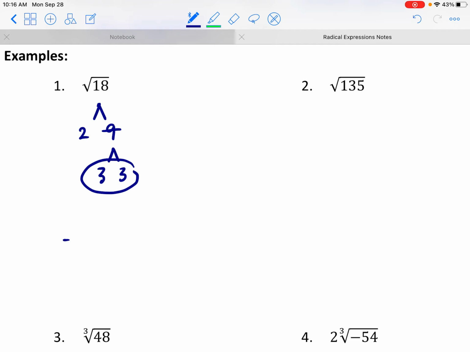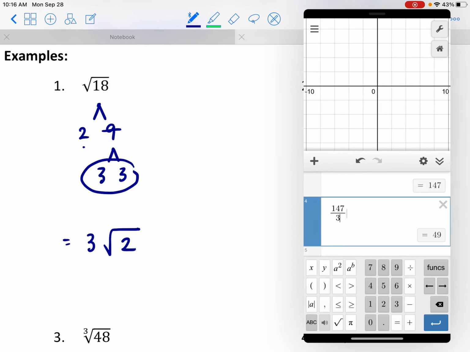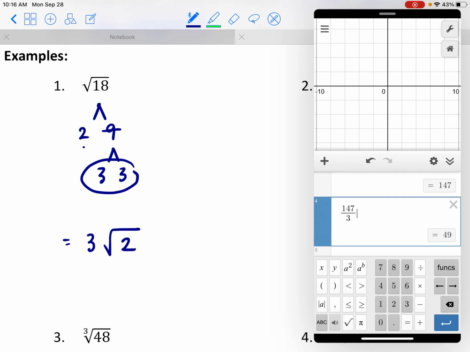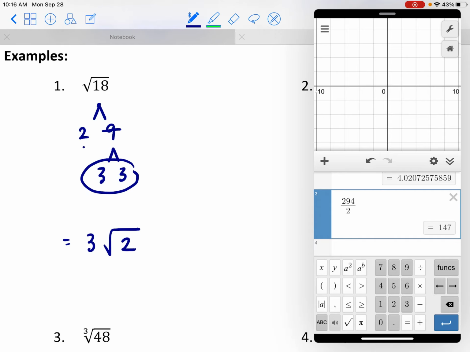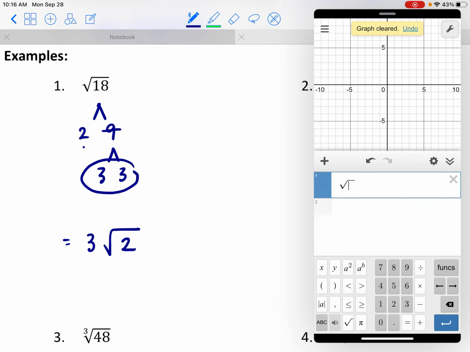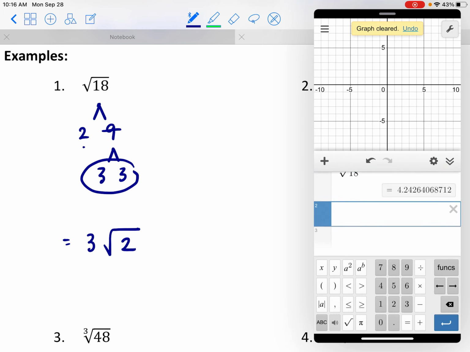So this tells me a 3 can come out, and this ungrouped number tells me a 2 has to stay in. Now I just want to show you, you can still use your calculator to verify your work. If you put radical 18 into your calculator, it's going to give you a decimal. It's not going to simplify it for you.